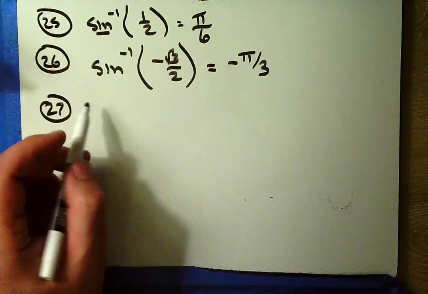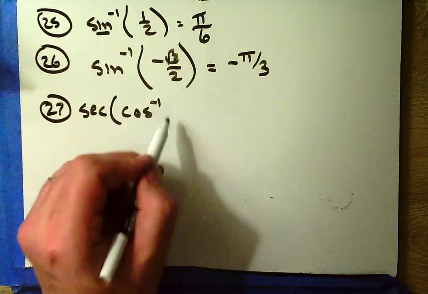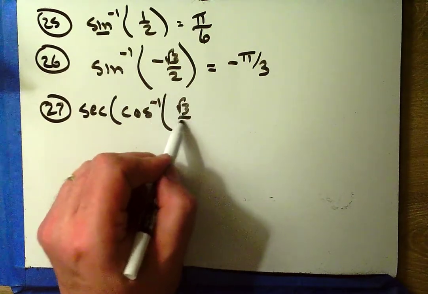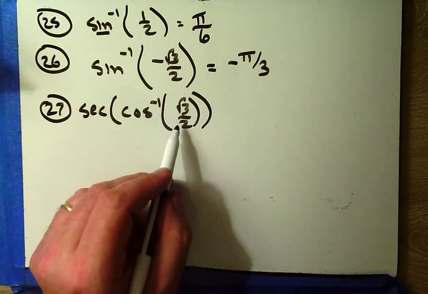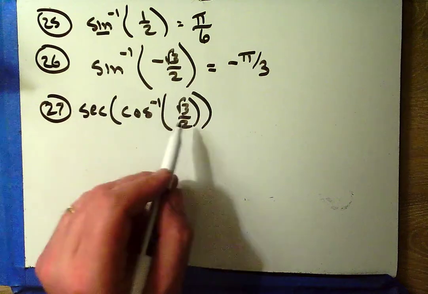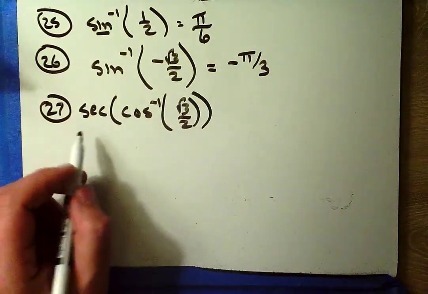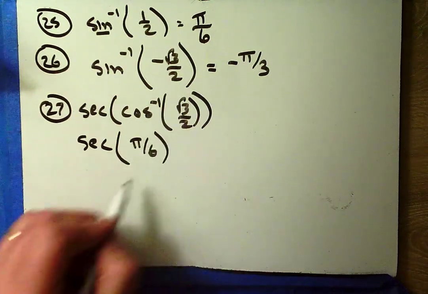27. We've got the secant of cosine inverse of root 3 over 2. Okay, so cosine inverse of root 3 over 2, what angle within the restriction of cosine has an overness of root 3 over 2? Well, I know that to be pi over 6.